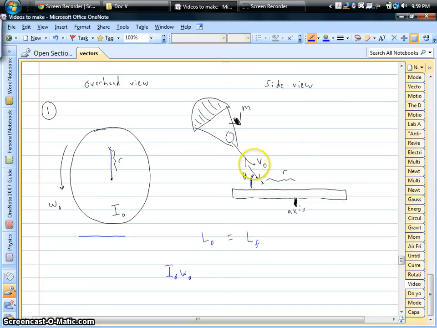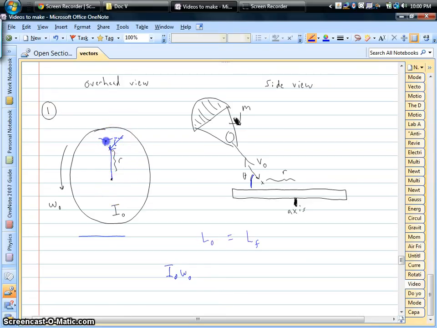The skydiver's coming in. If we look at the side view, it makes an angle. So I'll also draw in the overhead view. We can assume it's coming in something like this. There's an angle relative to that radius line that it's hitting on top of the disk.